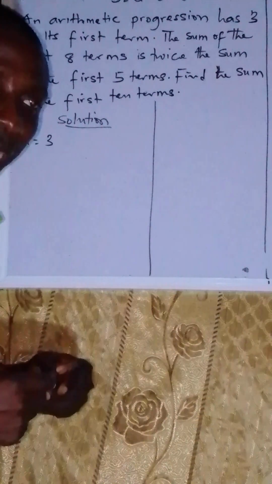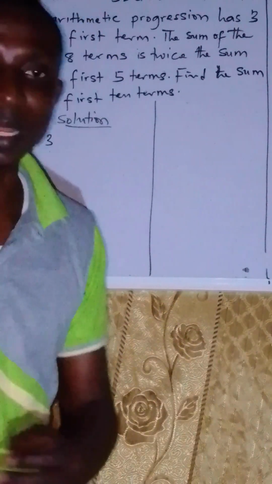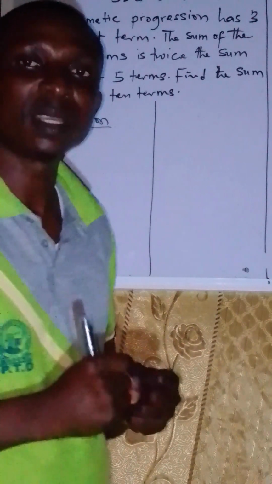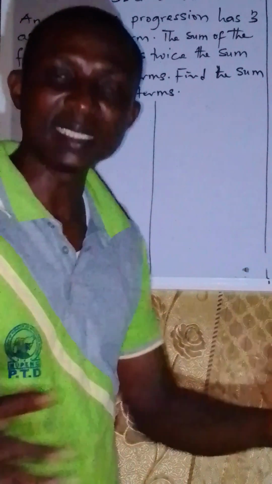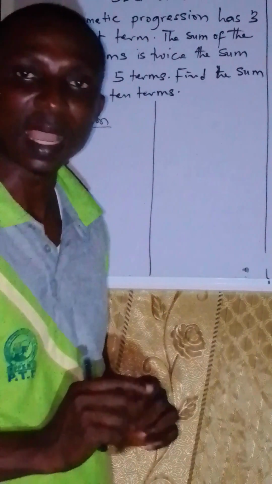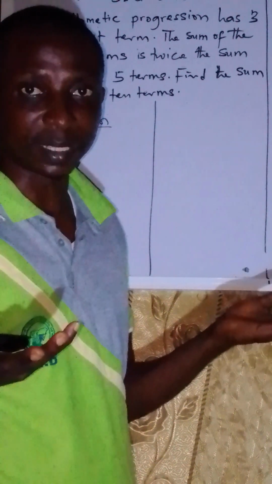When you add the first 8 terms together, the value you have is equal to the sum of the first 5 terms multiplied by 2. That's what the question is saying.